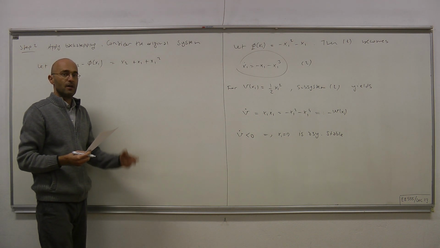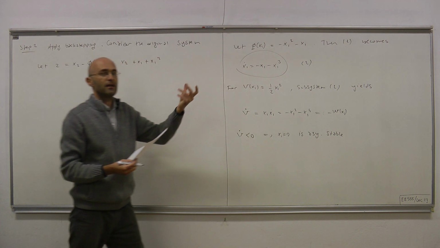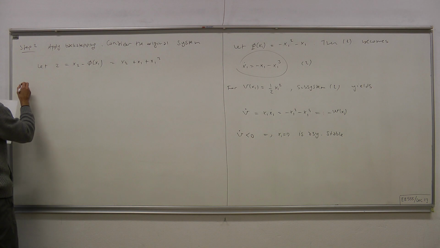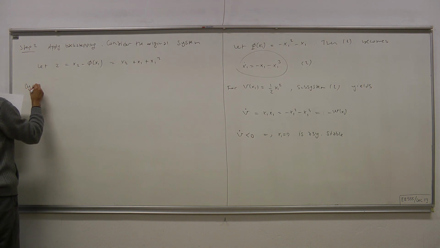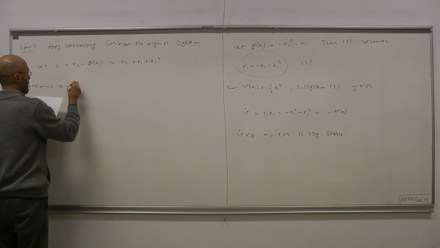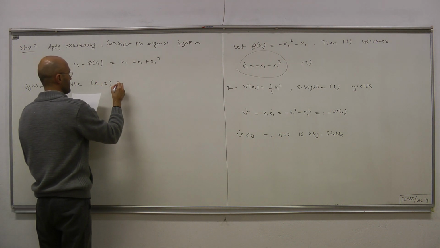Let's write the system in terms of the new set of coordinates. Let's write it in terms of x1 and z. So let's figure out the dynamics of the x1 z system.